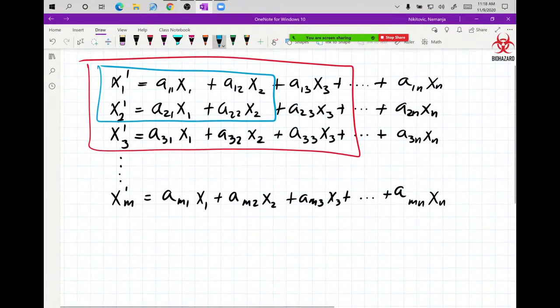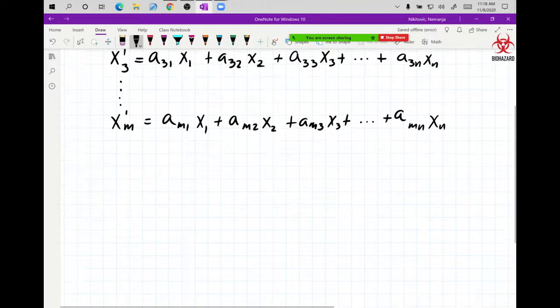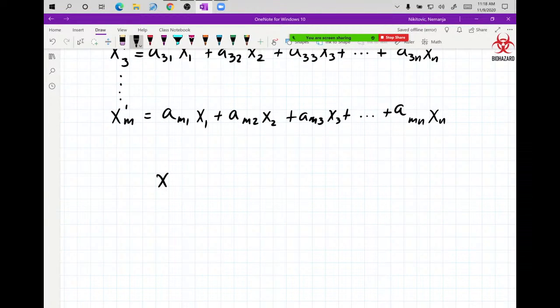So a system like this would create that system that we said before, where you have your x prime equal to matrix A times some vector of those x's.